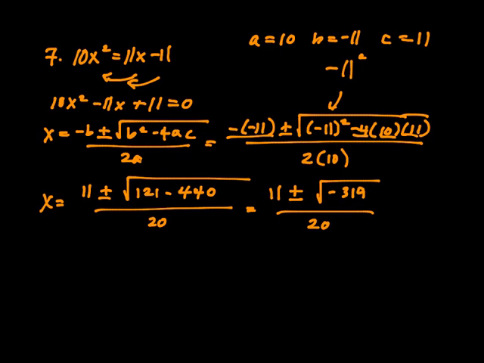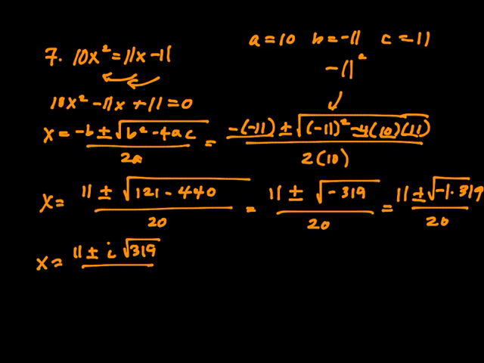Okay, let's go ahead and separate out the negative 1 times 319 over 20. So we have x equals 11 plus or minus i times the square root of 319, over 20.